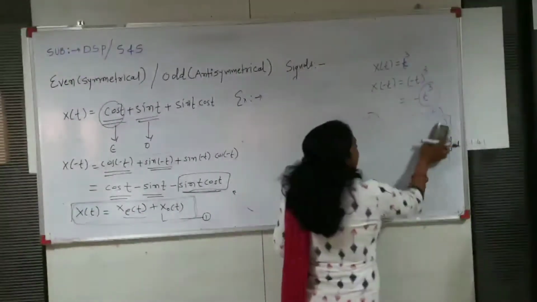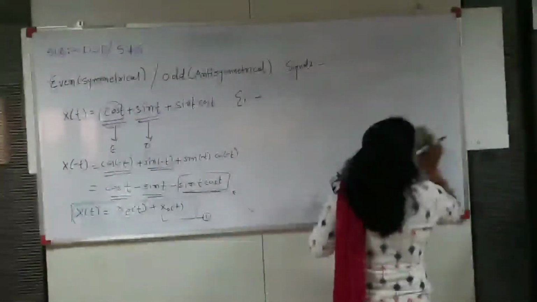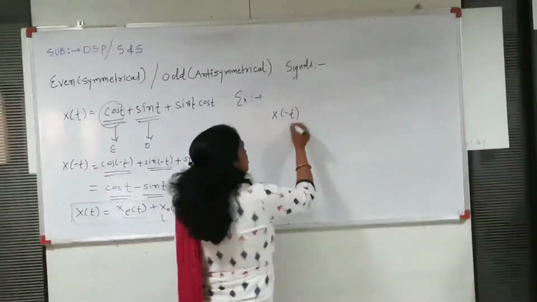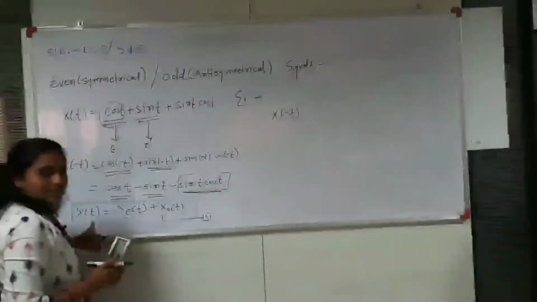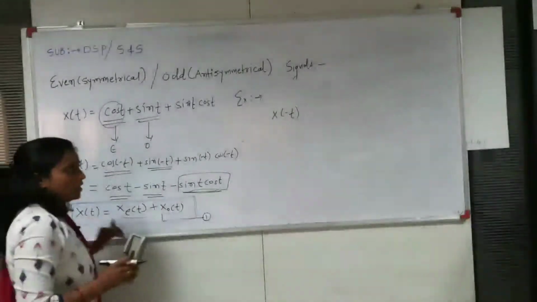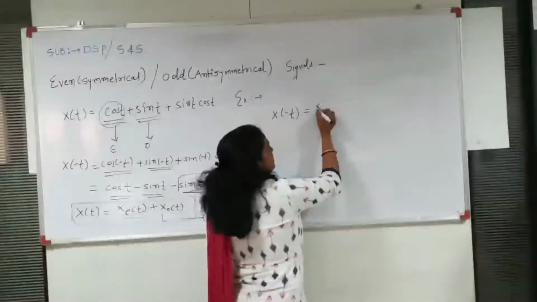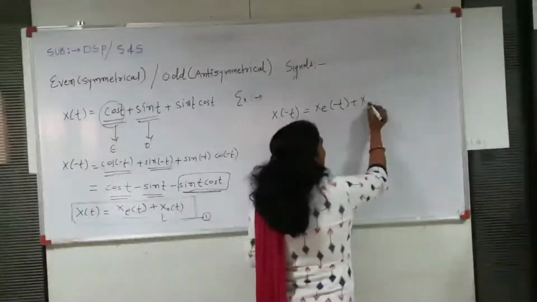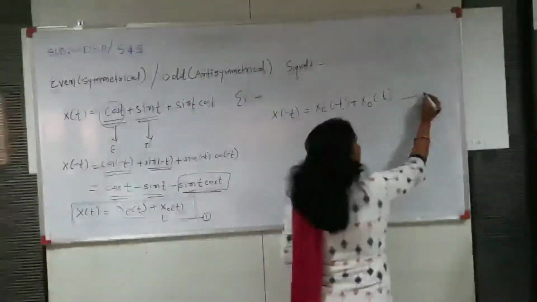Now let's take the time reversal of this general signal. We are finding x of minus t, so put minus t instead of t. So x of minus t is x of even component at minus t plus x of odd component at minus t.